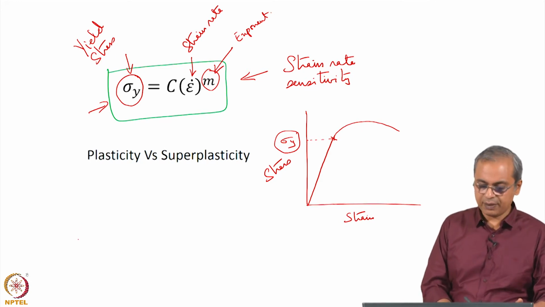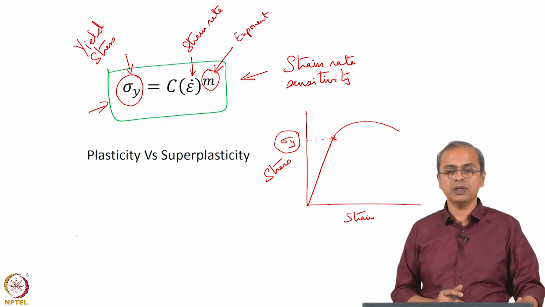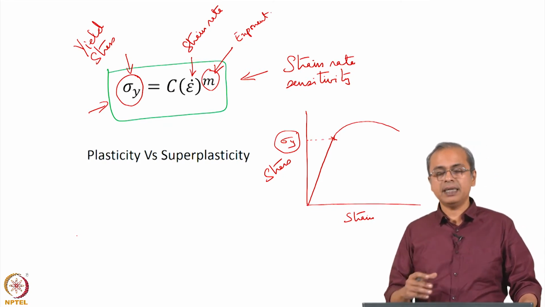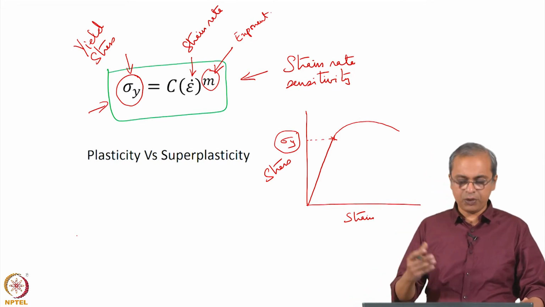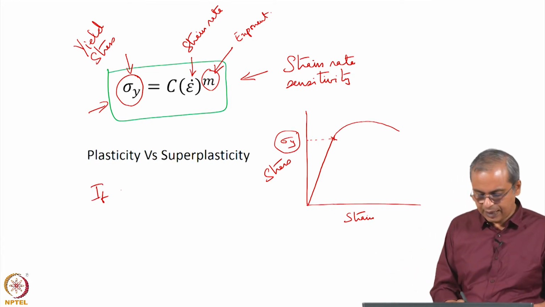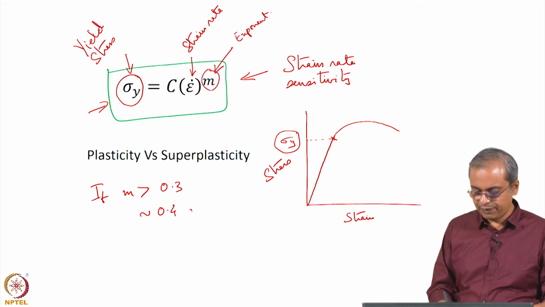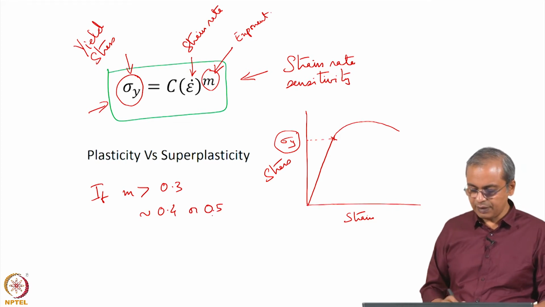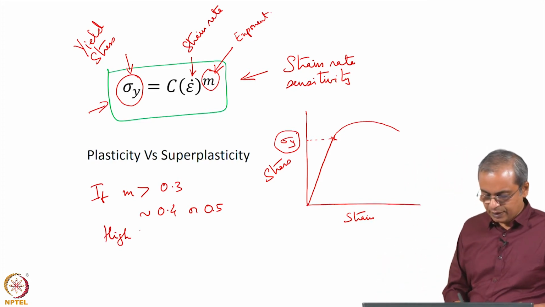You are looking at values distinctly less than say 0.1, but for some materials it is a much higher number, values of 0.3, 0.4, 0.5. So, if m is greater than say 0.3, of the order of 0.4 or 0.5 etc., we describe the material as having a high strain rate sensitivity.